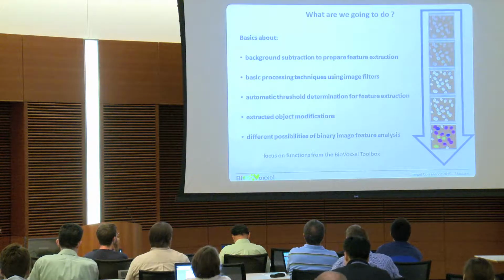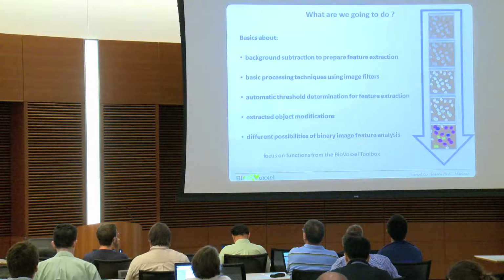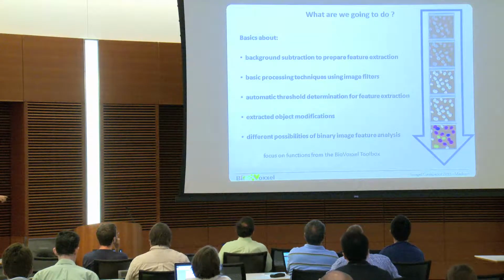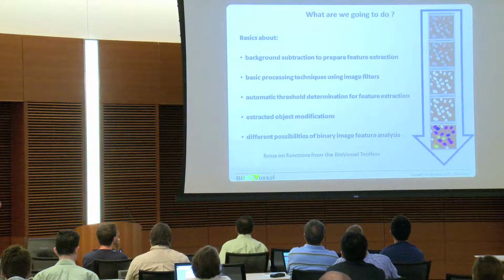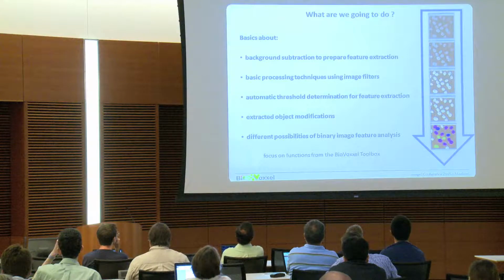So what are we going to do? Just so that you get an overview, those who still want to decide, okay, I'd rather slip out and switch to the other talk. We are talking shortly about some background subtraction and enhancement, then image filters, a few things in detail Ari has introduced already.